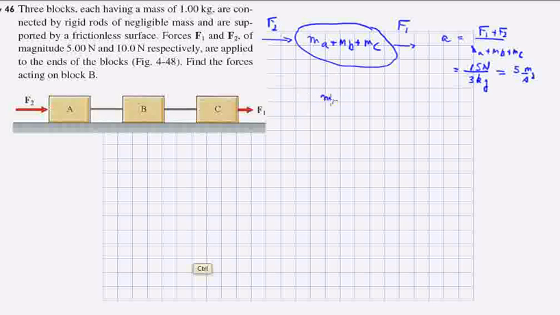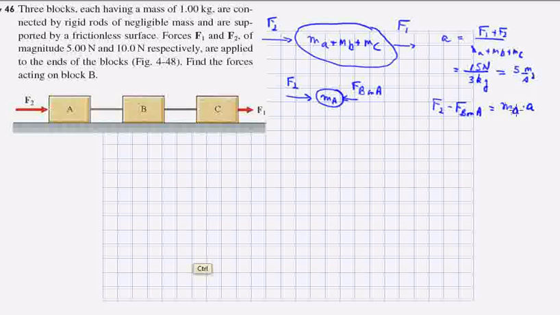So for mass A, I have a force from the left of F2, and these rigid rods that separate the two masses M_A and M_B, this particular one, there will be a force backwards, which I'm going to call F of B on A. And so the net force on M_A is F2 minus F of B on A, net force to the right, and that is going to be equal to M_A times a.